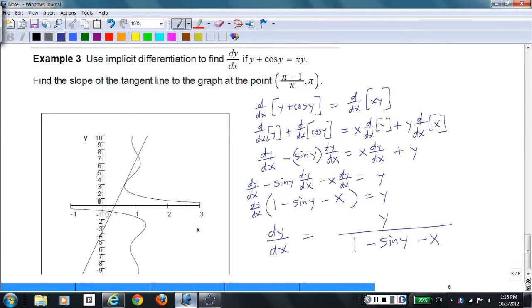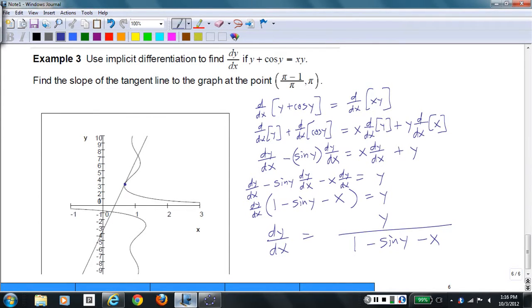So if we happen to know a point, any point on this graph, might not be the easiest thing to find, but if we could find the coordinates of a point on this graph, we could find the slope of the tangent line by substituting the x coordinate for x right here and the y coordinate for y right there.